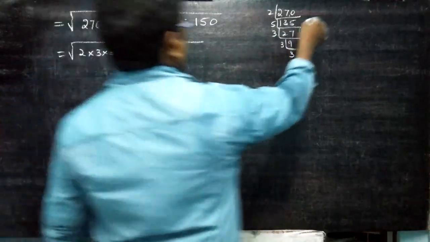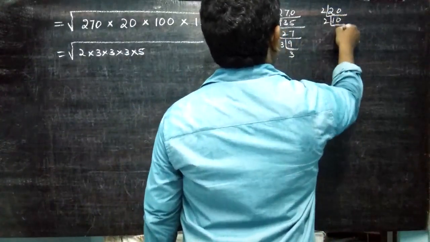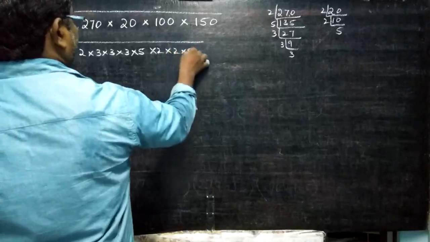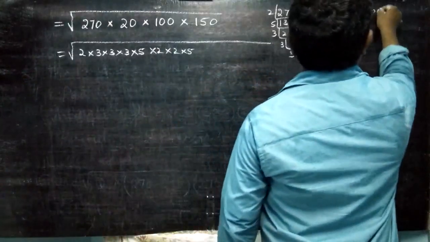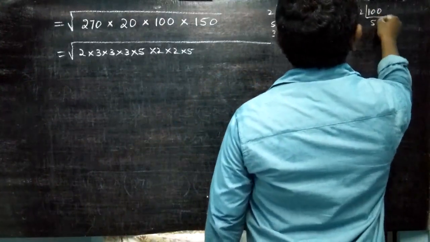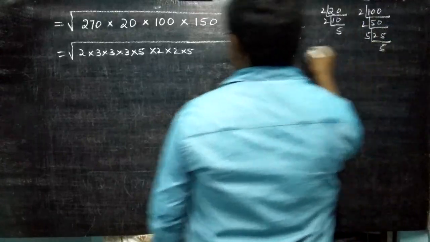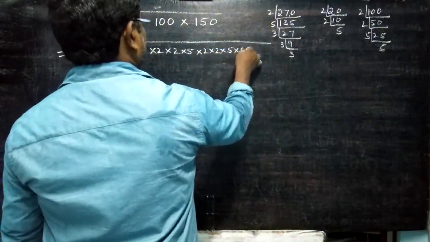Next, 20: for 20 find prime factors. 2 goes 10 times, 2 goes 5 times. So 2 into 2 into 5. Next, for 100, find factors. 2 goes 50 times, 2 goes 25 times, 5 goes 5 times. So 2 into 2 into 5 into 5.